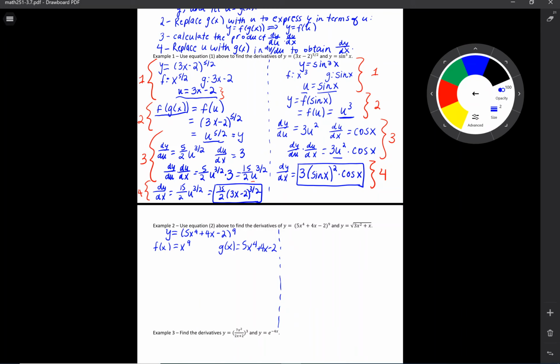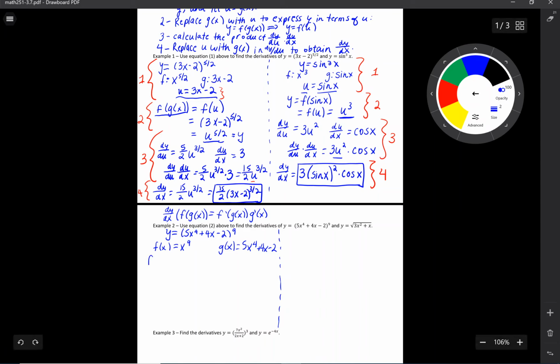And we know this, so the second equation here is dy/dx of f of g of x is equal to f prime of g of x times g prime of x. So I need to also find, in addition to f and g, f prime and g prime.